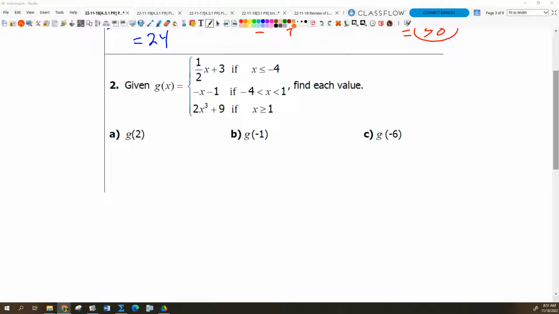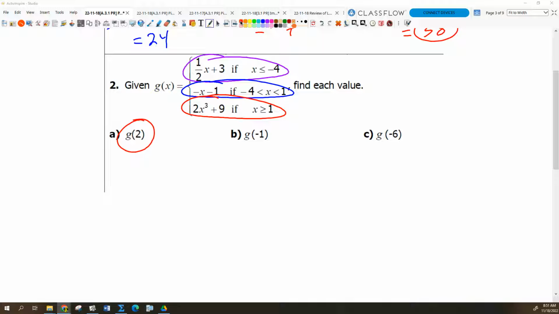Okay, let's try this one more time here. How about this guy here? G of 2. You just tell me, is that going into top, middle, or bottom? Everybody agree? Bottom? Okay, so let's color code this. So that's going into the bottom, isn't it?